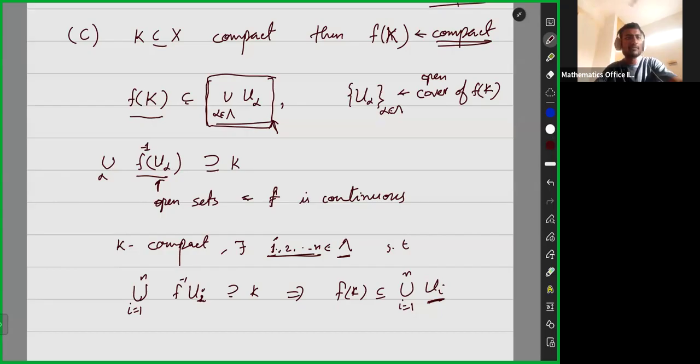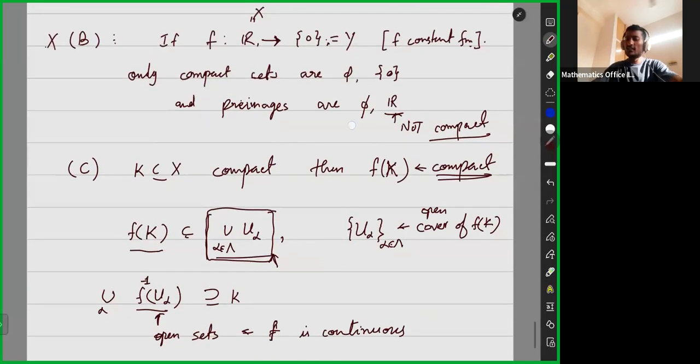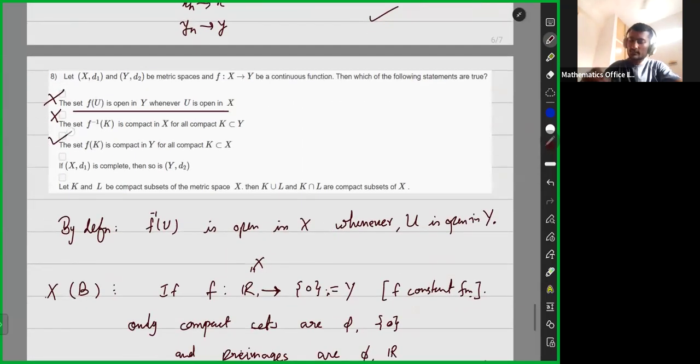Now, because K is compact, we get some finite subcover of this, and the same finite subcover is again pushed out, applying f, and we said that f(K) is contained in U. We get a finite subcover, and it shows that f(K) is also compact. Okay, so I think no one has doubt, so we can go to the next.